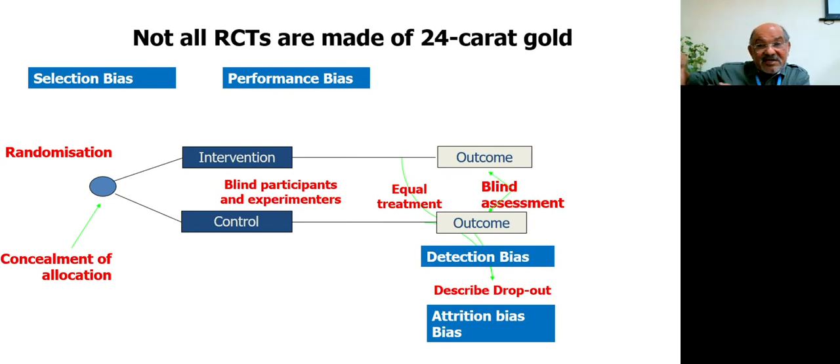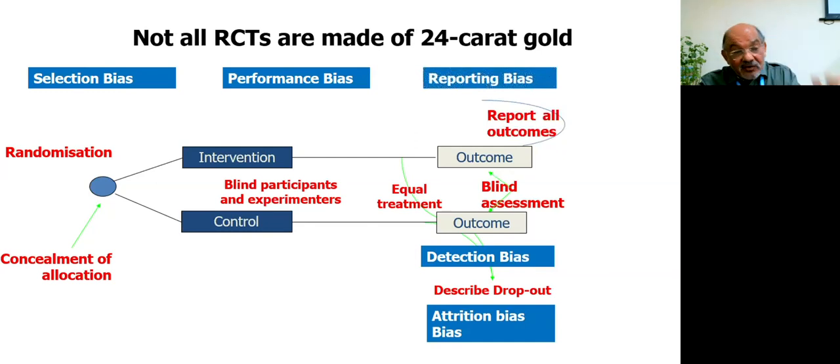So the outcome assessor should be blinded. And all the outcomes should be reported in the way they were intended to be in the protocol. So these are the domains where you have to be able to read the paper and figure out, have they reported it? If they reported it, do you think they did it, and did they do it properly? Then you come to a judgment about, is there a risk of bias in this particular domain?